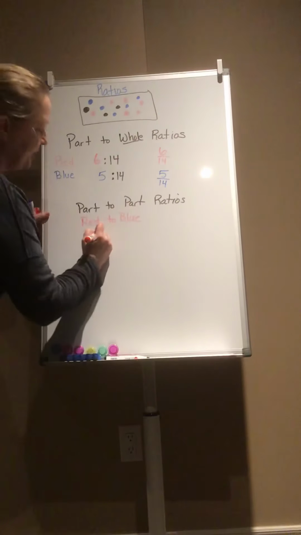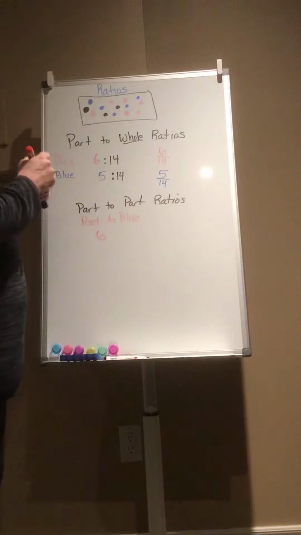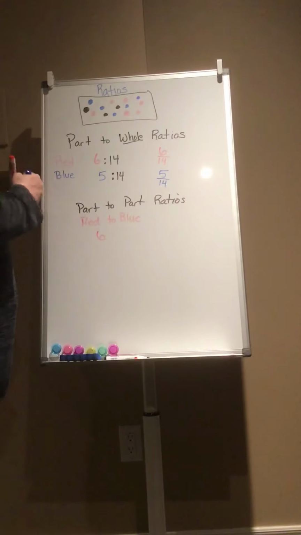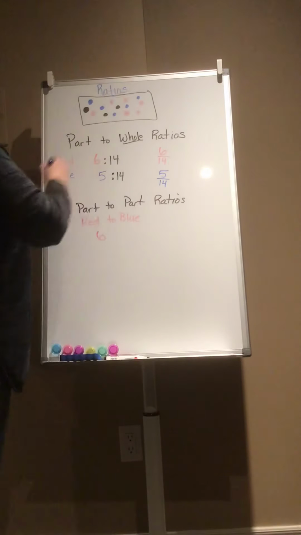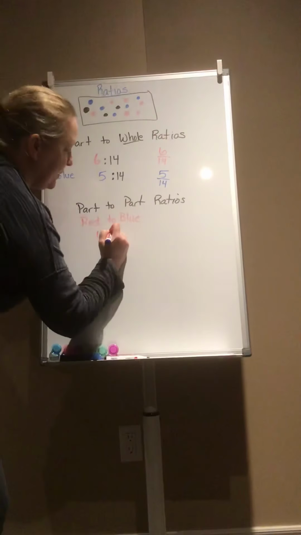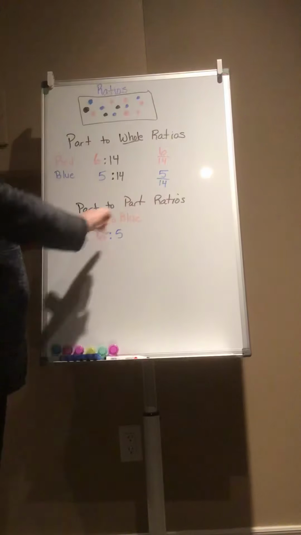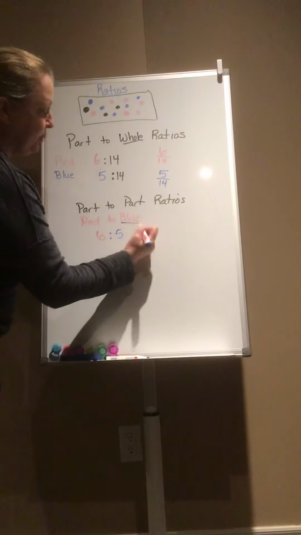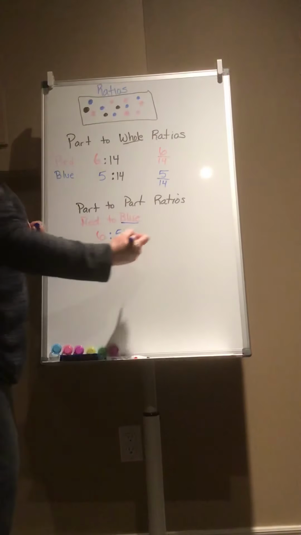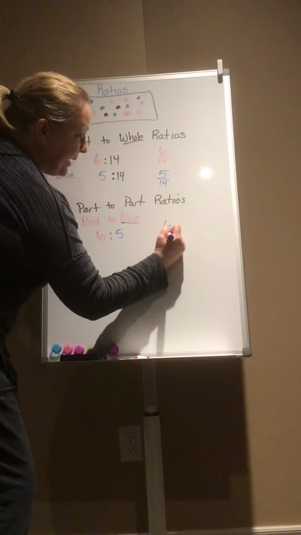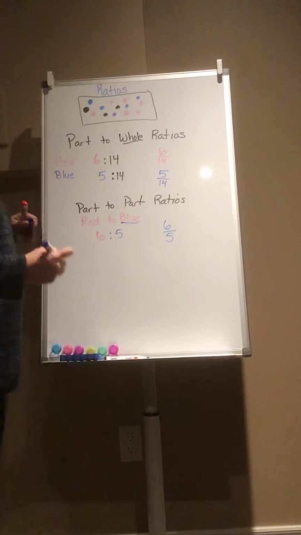Could have looked over here as well. And then I'm going to count blue, which is 1, 2, 3, 4, 5. Again, it matches up there. So my part to part ratio, red to blue, is 6 to 5. Again, fraction, 6 to 5.